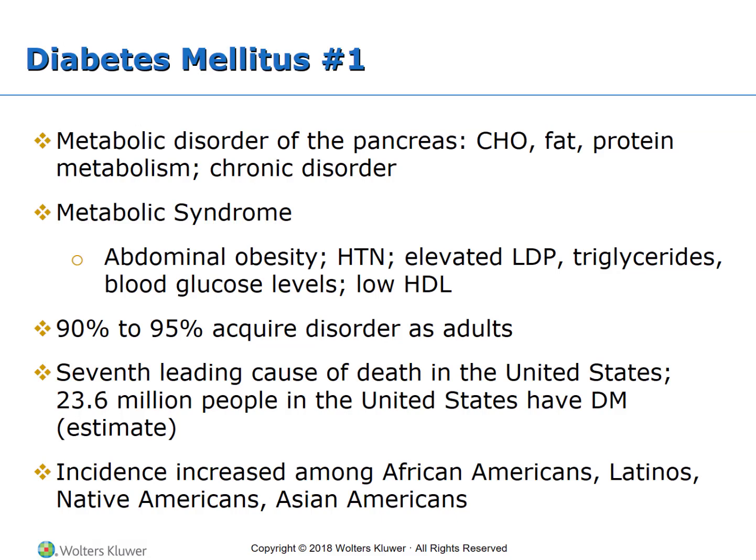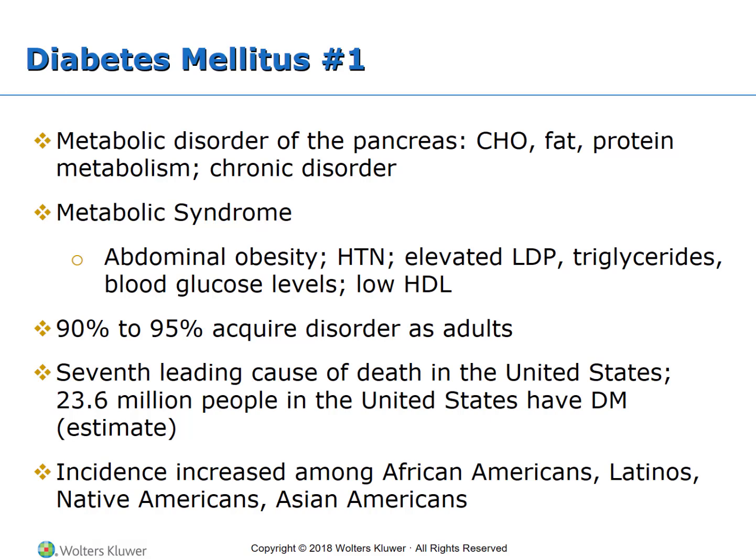Okay, so what is diabetes mellitus? Diabetes mellitus, which we usually abbreviate as DM, is a systemic metabolic disorder that involves improper metabolism of carbohydrates, fats, and proteins.